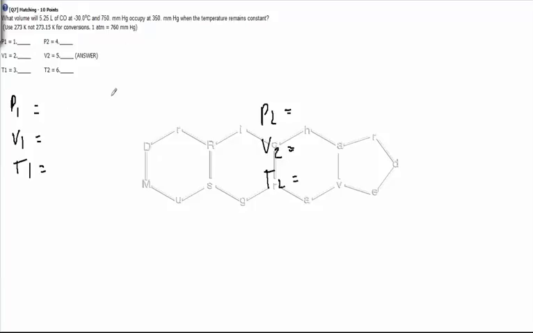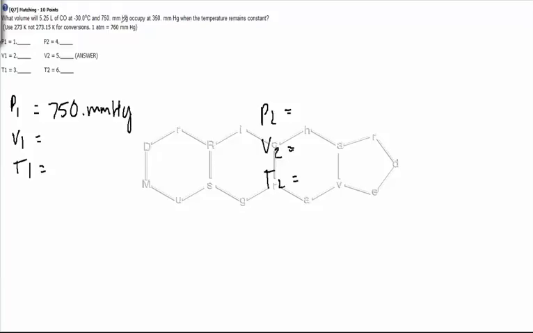Again, I want to highlight the importance of making sure we use the same units for P1, P2, for V1, V2, and T1 and T2. We have to be able to mix and match so we can get everything to cancel. So P1, 750 millimeters of mercury.